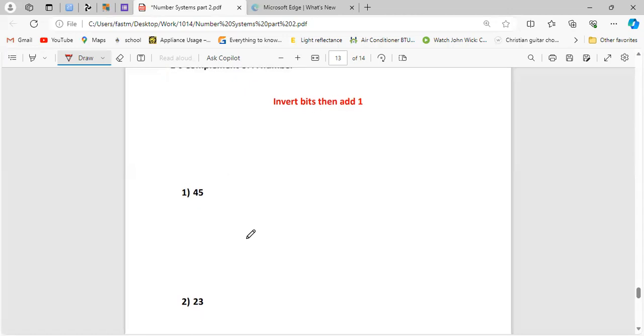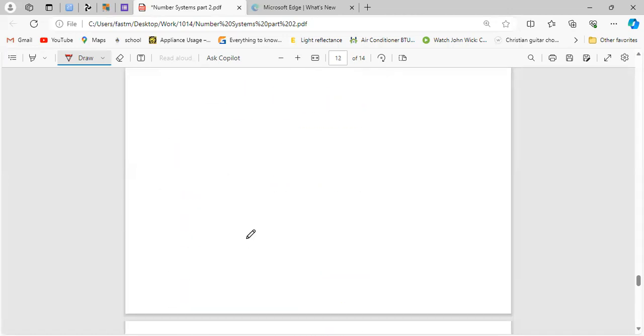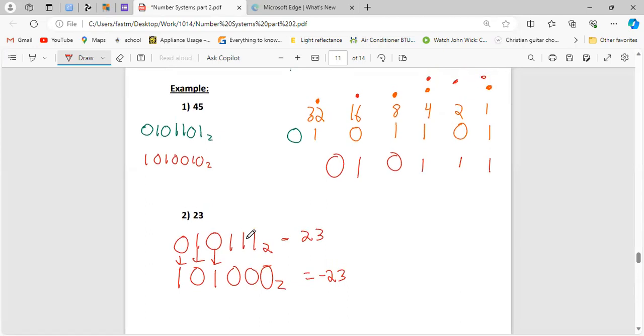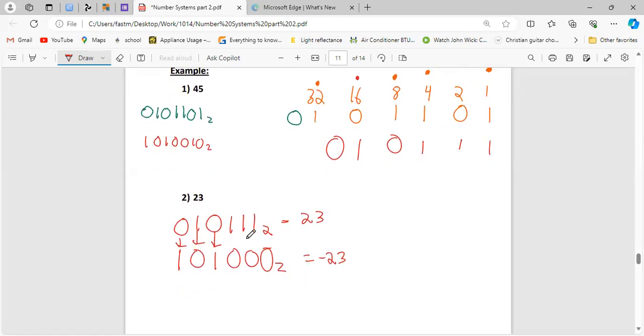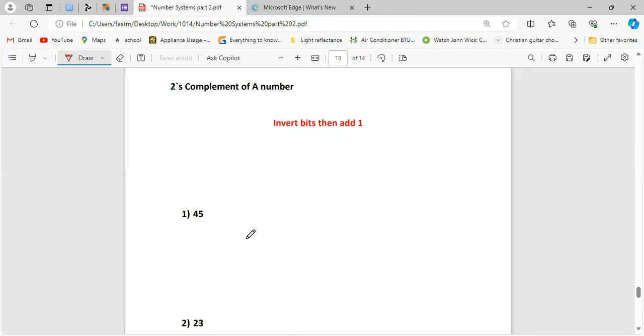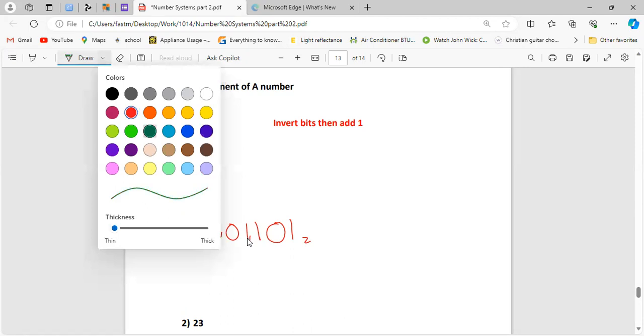So if I convert 45, well, it's the same number, so I could just use the same thing as before, right? Well, 45 was 0, 1, 0, 1, 1, 0, 1. All right, so if I had to get the 2's complement of this, first thing I invert the bits.